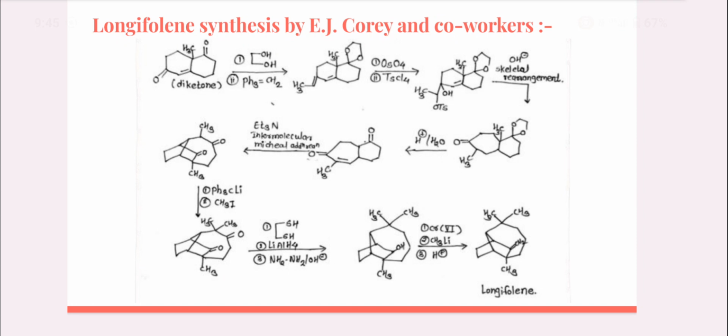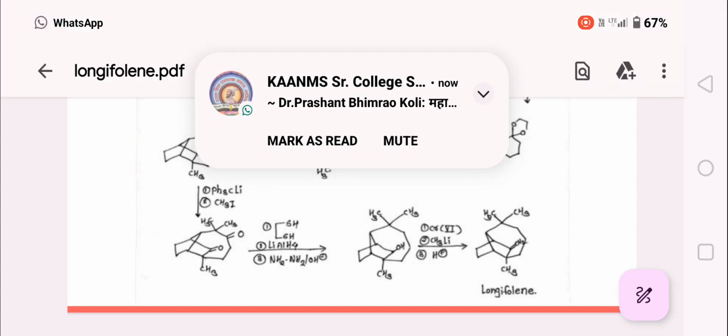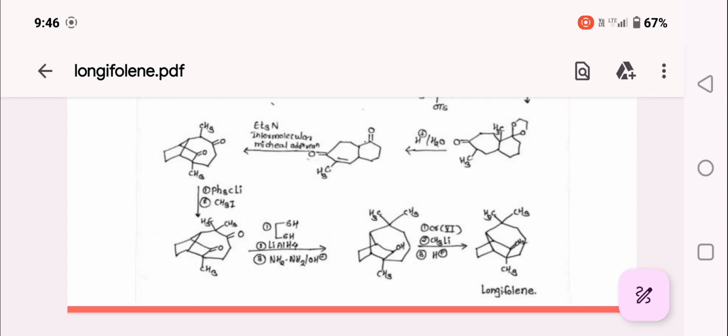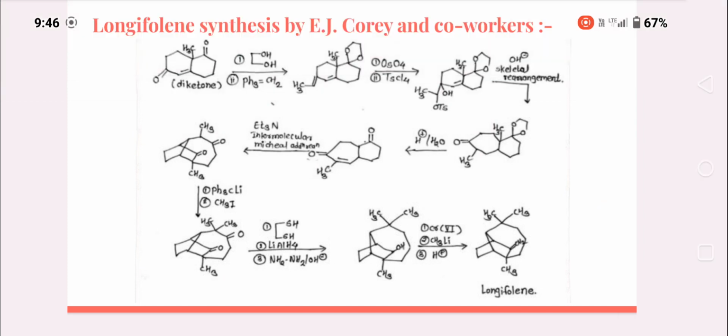Look at this, here we use a sterically hindered base to extract a proton at this particular carbon. This forms a carbanion, that carbanion is stabilized by the carbonyl group, and this reacts with methyl iodide. So this methyl iodide is a good electrophile, and this forms the second methyl group at the particular position.